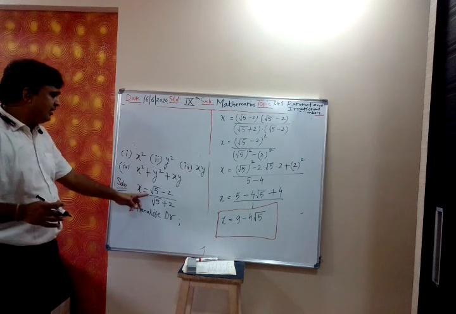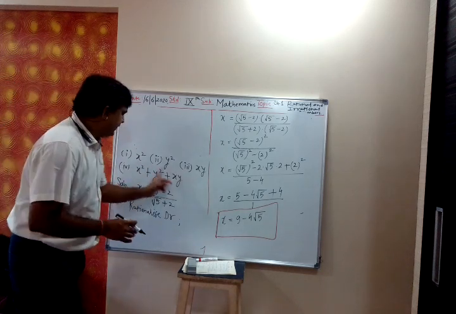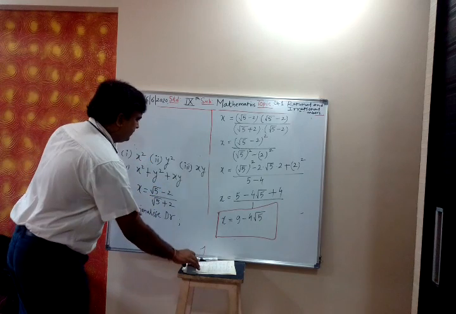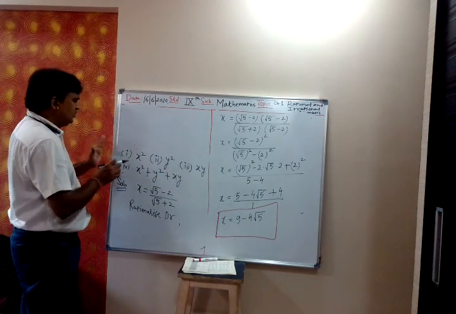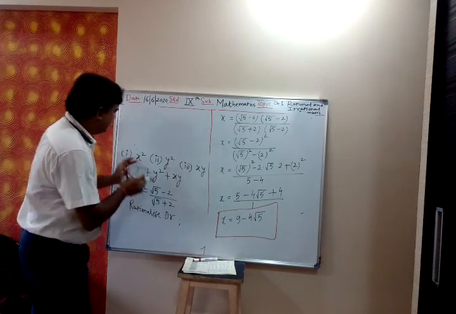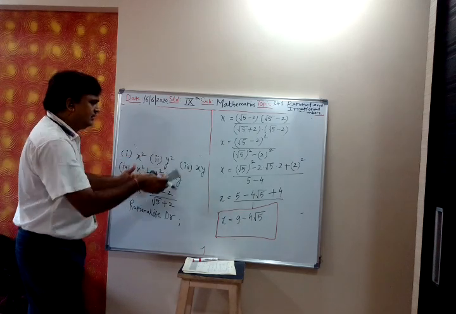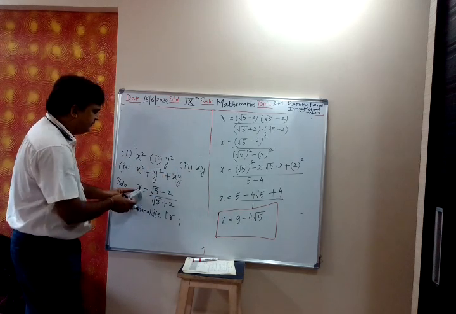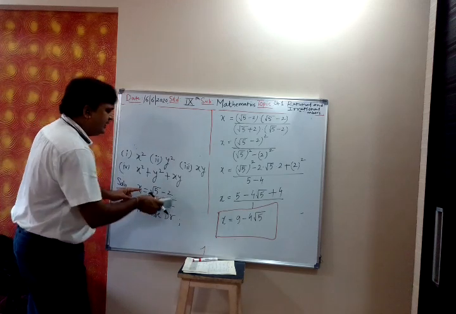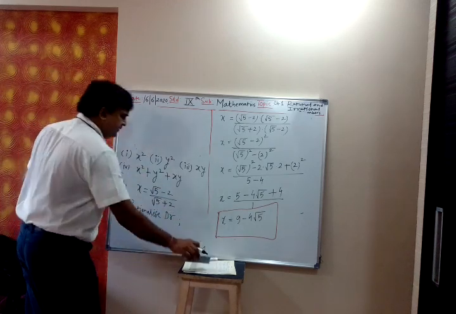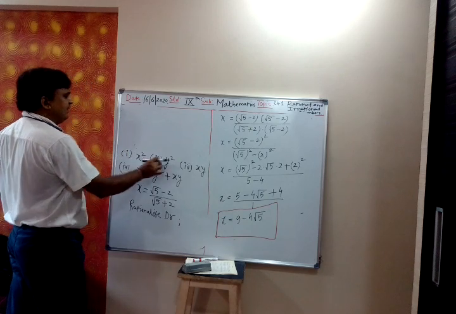Now simplify y also. Don't find x square after this. This x square, y square, xy, all this we find at the end. First we have simplified x. Now similarly I will simplify y also. And then at the end I will find all these 4 values.